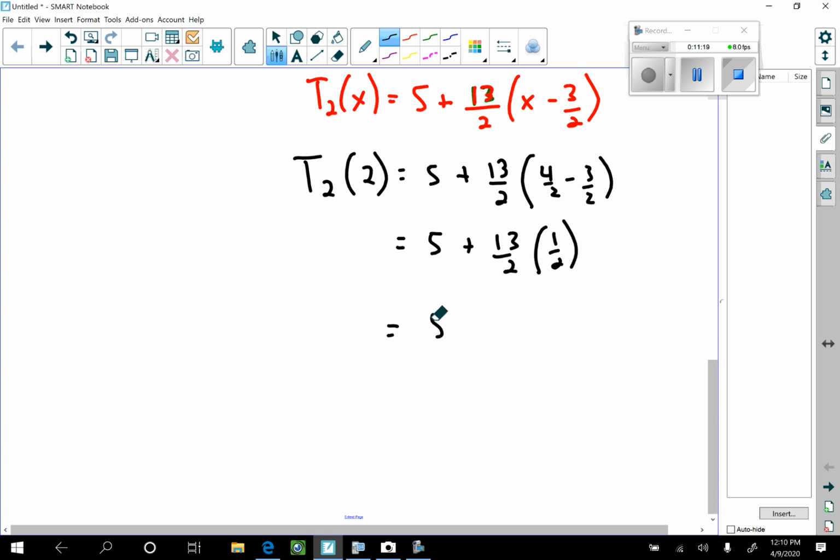And that's simply going to be 5 plus 13 fourths. And we can just leave that rascal like that, and that is my estimation. So y is approximately 5 plus 13 fourths when x is equal to 2.